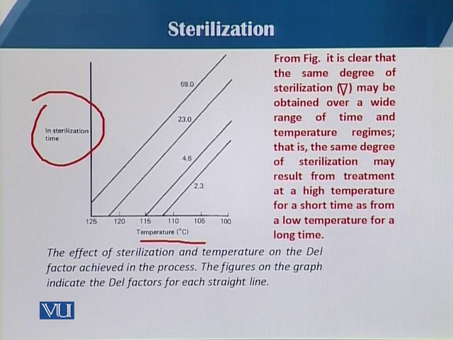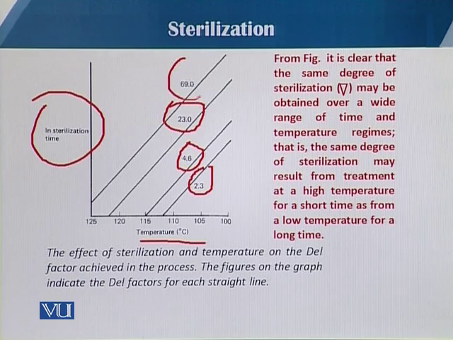If we have different time patterns, we have Del factors of 2.3, 4.6, 23 and 69.6 with respect to different temperatures. So this graph shows the effect of sterilization time and temperature on the Del factor achieved during the process.